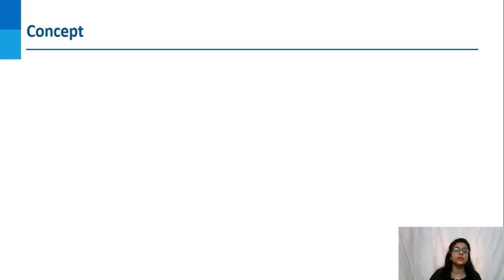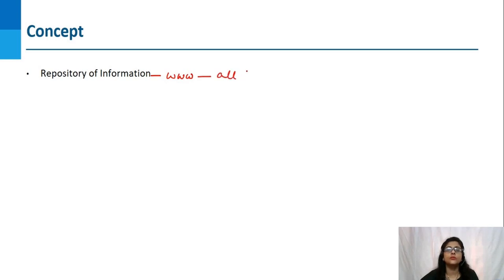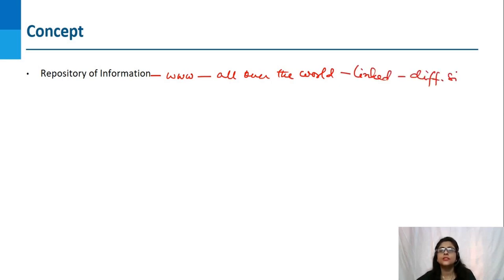So what is the concept of the web and HTTP? Actually, WWW, if you recall, is the repository of information from all over the world which are linked together from different sites.